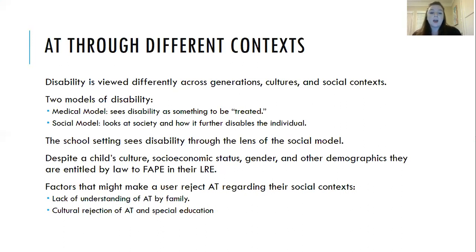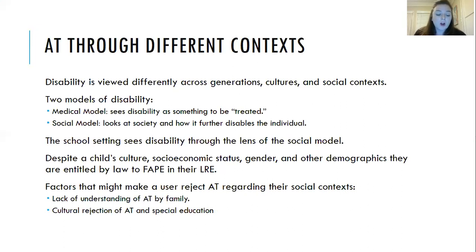So it's looking at society and how that further disables the individual. The school system, fortunately, sees disability through the lens of a social model, but there are a couple of cultural considerations that you have to consider when looking at assistive technology.